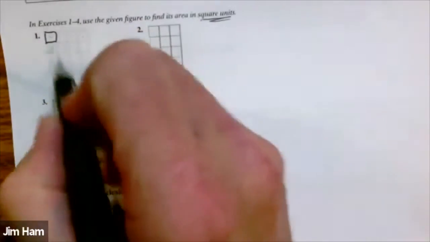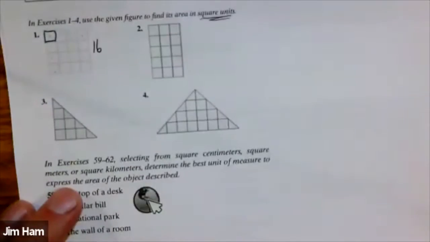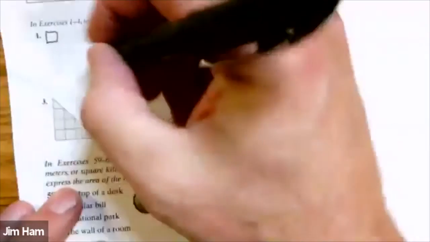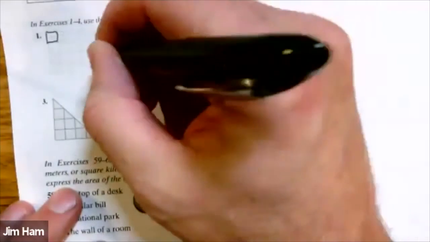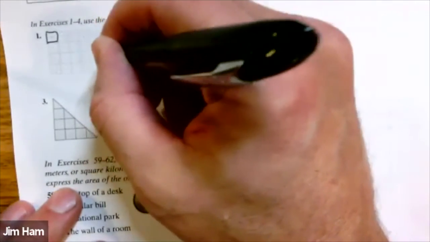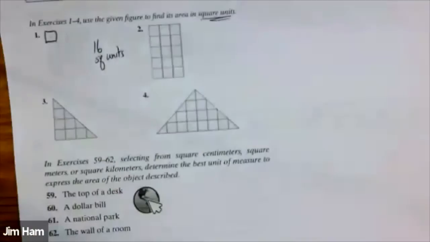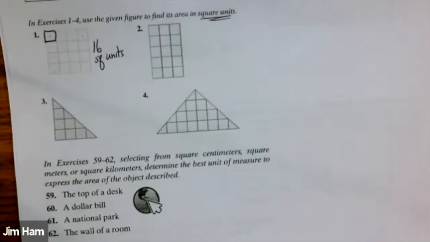And we have 1, 2, 3, 4 times 1, 2, 3, 4. There are 16 of those little squares. And so we would say that the measurement of this is 16 square units, whatever that unit would happen to be. If it was centimeters, then we would have 16 square centimeters.